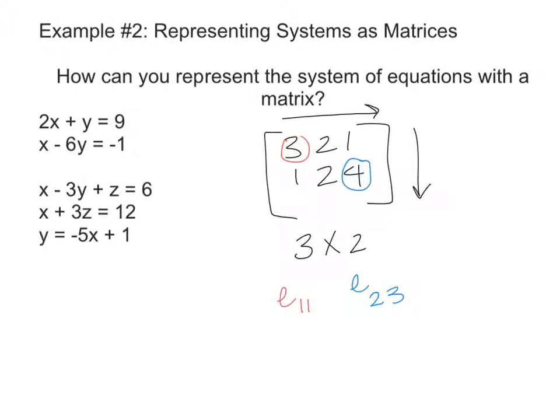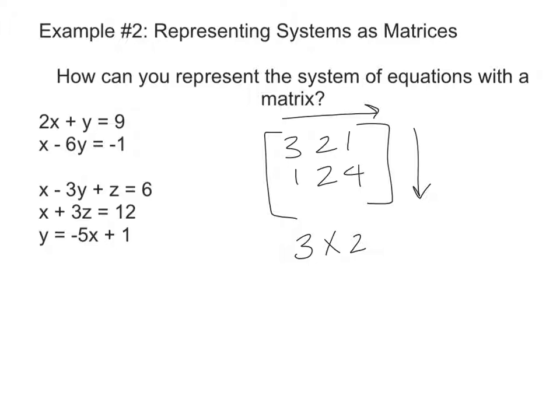So let's go ahead and actually start with the work. Okay, apparently I can't erase that, so that's okay. It says, how can you represent the system of equations with the matrix?